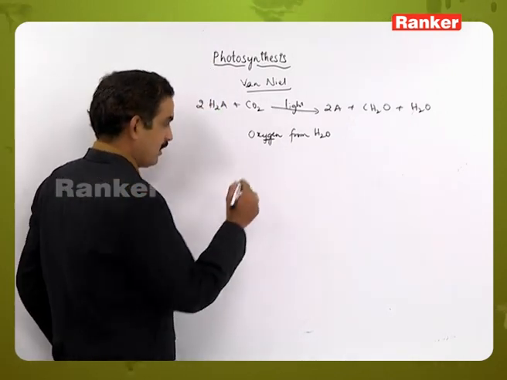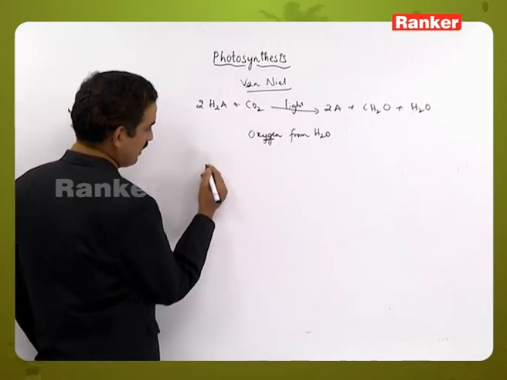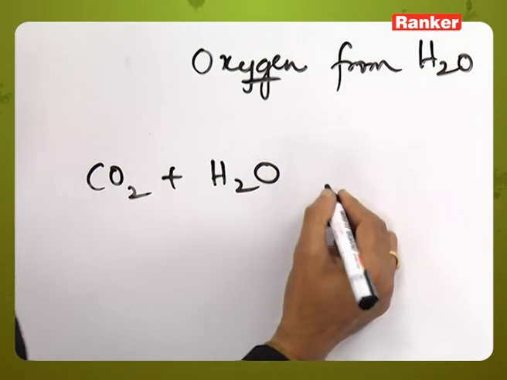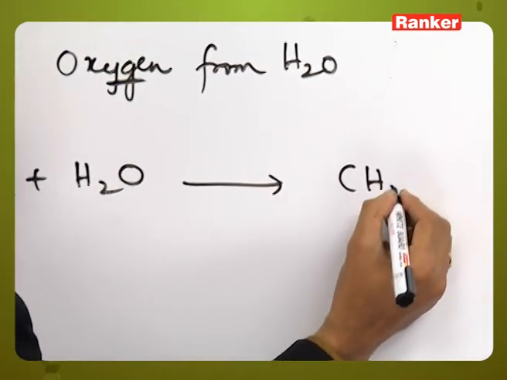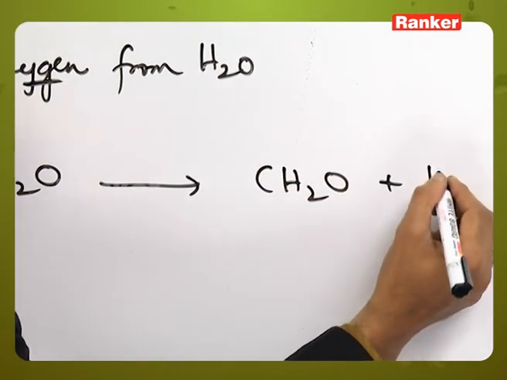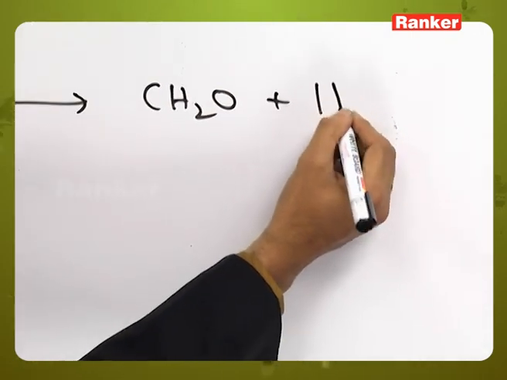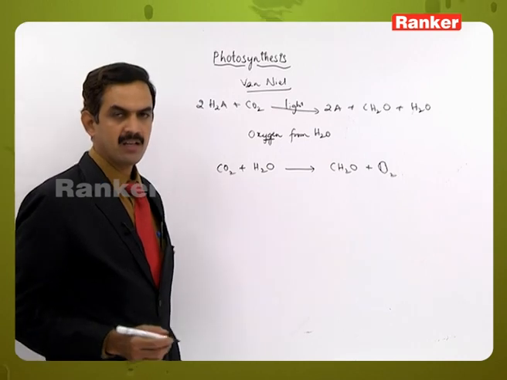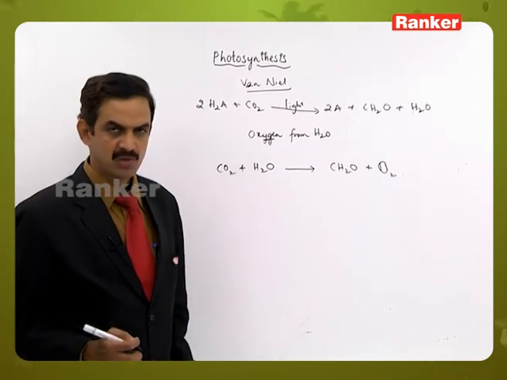So based on this, the actual empirical formula, if you see here, CO2 plus H2O gives rise to CH2O plus O2. So this is an empirical equation for the photosynthetic process.